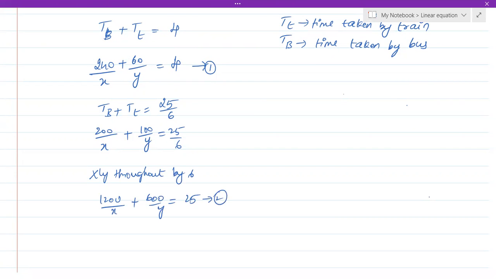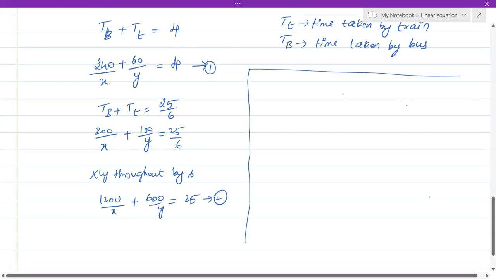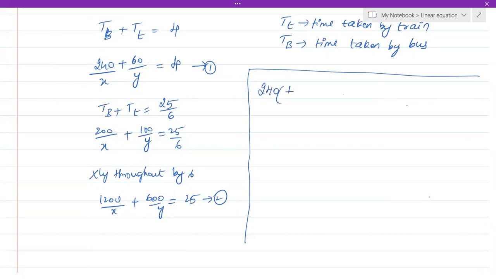I hope you guys know how to solve this. This is not a linear equation. You have to reduce it to a linear equation. As you know, 240 by x can be written as 240 into 1 by x, and 60 by y can be written as 60 into 1 by y, is equal to 4. Similarly, 1200 by x can be written as 1200 into 1 by x plus 600 into 1 by y is equal to 25.